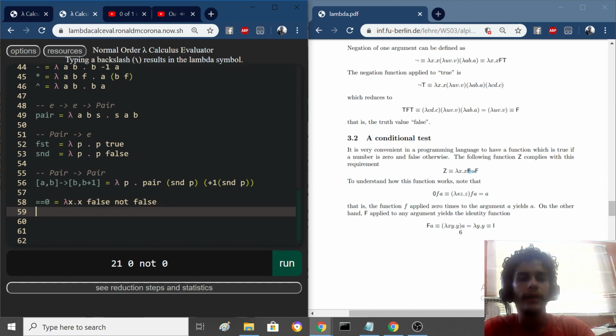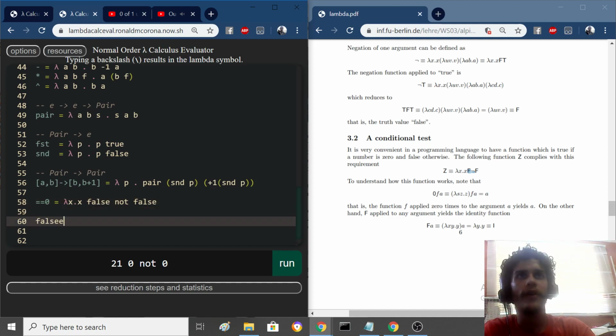So if x is 3, we're going to have false, false, false, 3 times false that we apply to not. And then on the outside, we still have false, because we didn't do anything with it. Now, look at this. You can consider it to be kind of like one whole term.